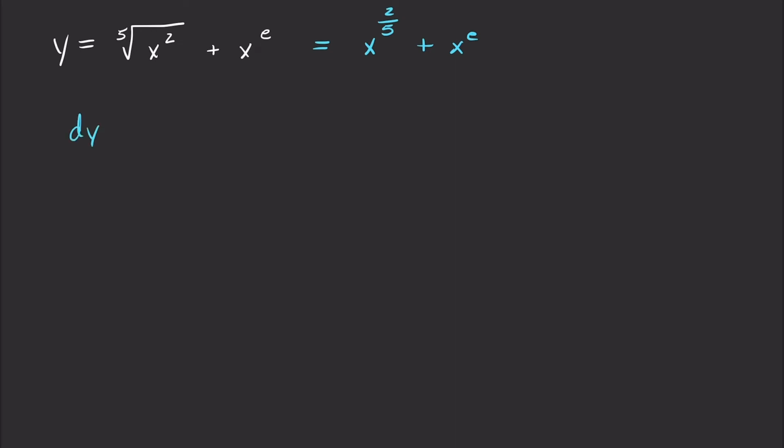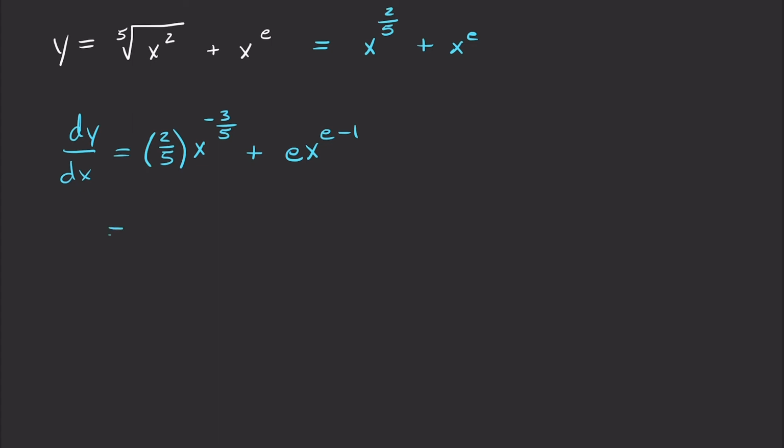So then we take our derivative, and we need to bring down our 2/5 from the power, and then our exponent needs to go down by 1, so 2/5 minus 1 is going to be a minus 3/5. And then for x to the e, we treat e just like it's a number, just like any other exponent, and we'll bring it down, and then it'll be times x to the e minus 1.